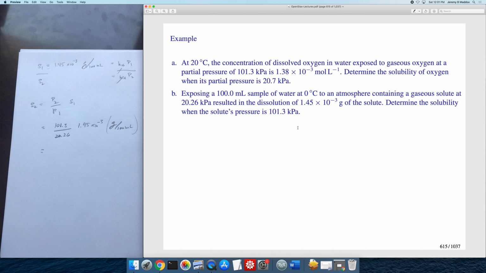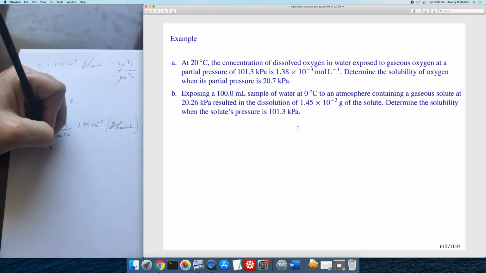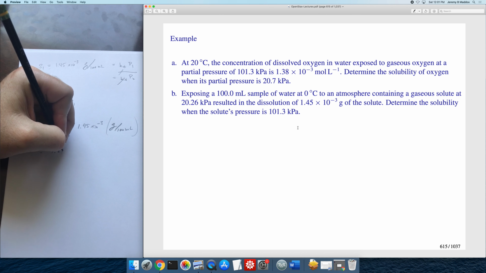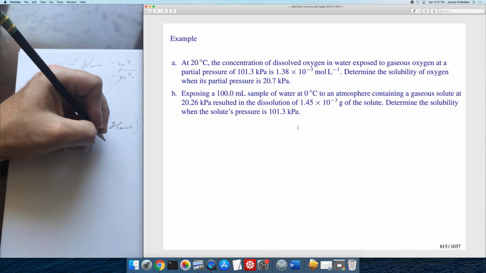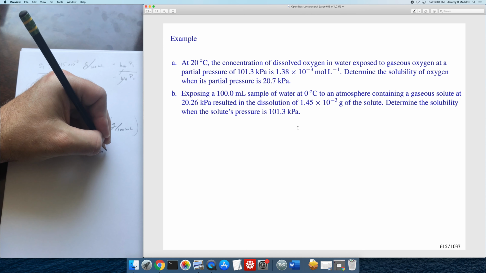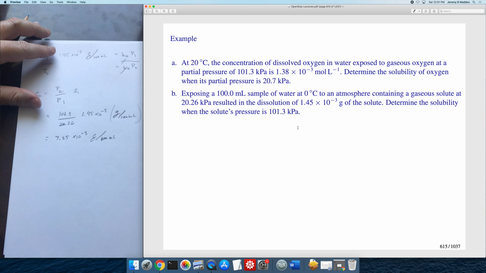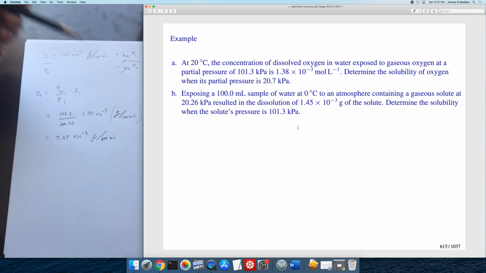Run this through our calculator. And I'm getting 7.25 times 10 to the minus 3. And that's going to be grams of solute per 100 milliliters. Okay? And so this concentration unit is okay too. Nothing wrong with it.